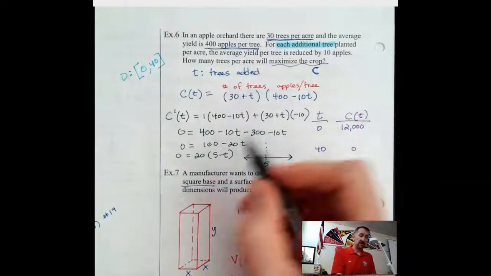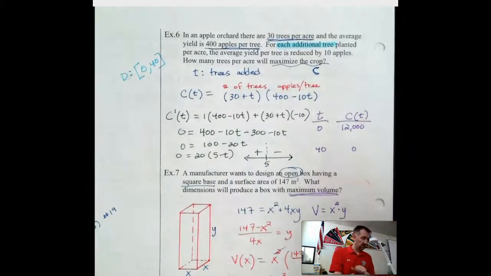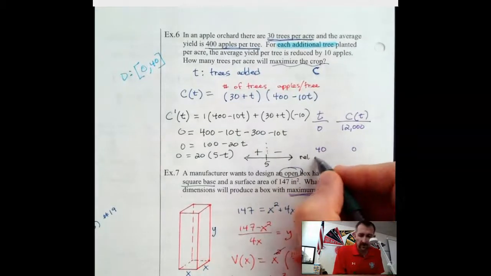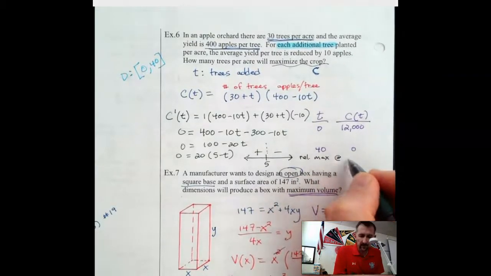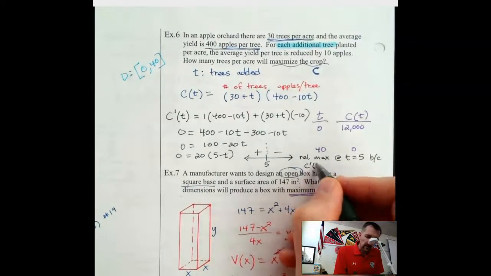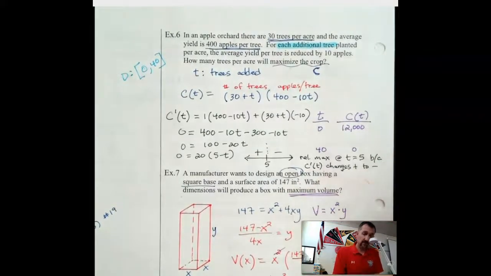And if we test it out, if we plug in a 4, we're going to get positive and negative. So that means we have a relative maximum at t equals 5 because c prime of t changes from positive to negative.